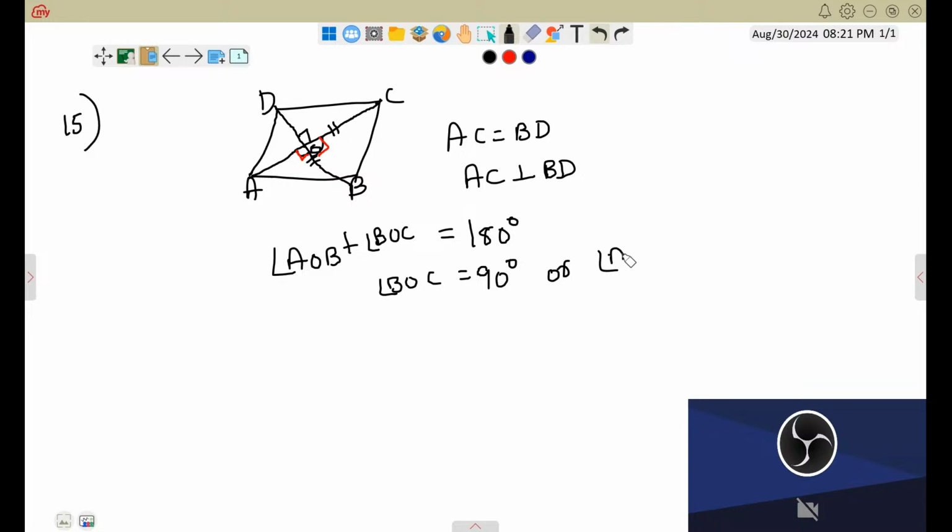Already they given one is perpendicular, means automatically all are perpendicular. In a triangle OAB, sum of angles is 180 degrees, then AOB is equal to 90. Then the possibility is trapezium. What is the possibility? The possibility is trapezium. Okay, if you understand, say okay.